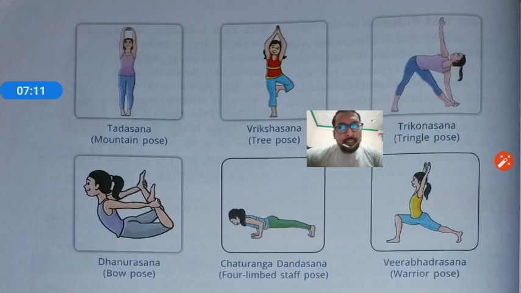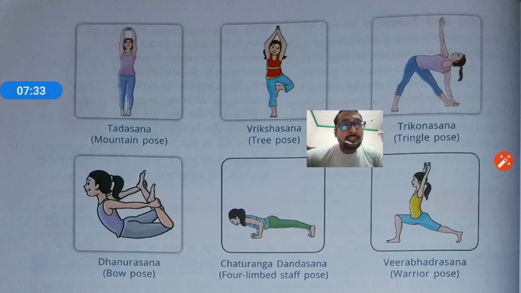Tadasana, the mountain pose. Stretching your hands high above your head, and it will do a lot. You should hold these exercises for at least 1 or 2 minutes. If you can continue for more, then you can do it.